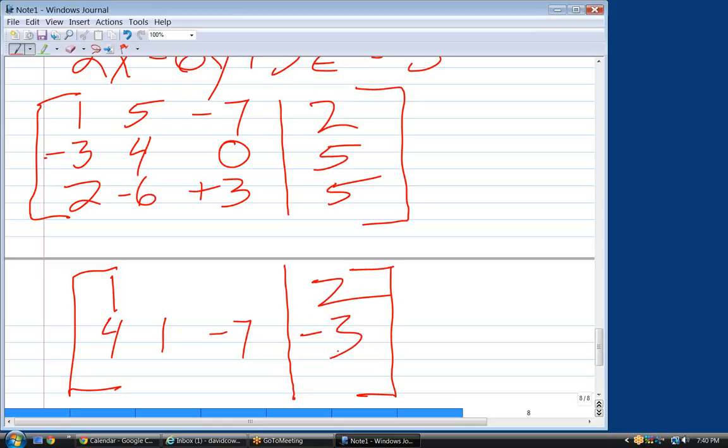Okay. What I'm attempting to do is, and I can still go ahead and put the third equation down there if I want, I'm going to keep doing these manipulations until I have all ones on the diagonal and all zeros underneath my ones and to the left of my ones.